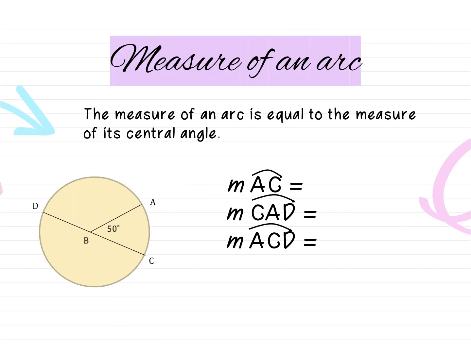All right, so we have the measure of an arc. The measure of an arc is equal to the measure of its central angle. So the central angle is the same as the inside angle. So again, the central angle is the same as the inside angle.